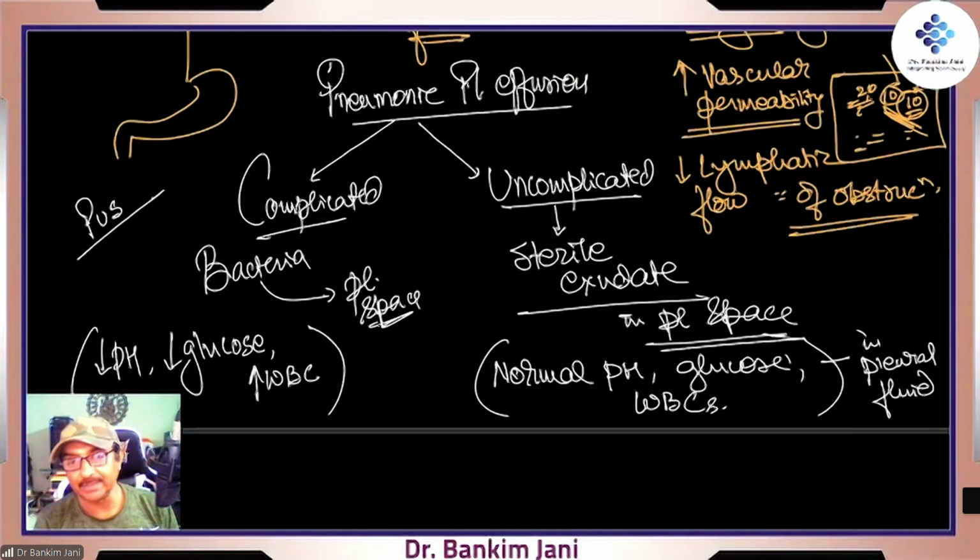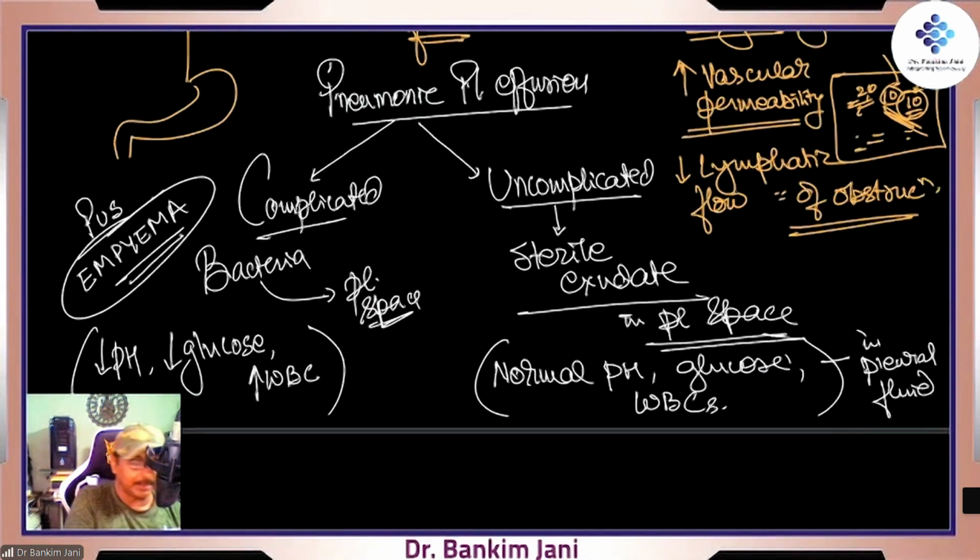When we say there is pus, that pus is the accumulated dead bacteria, broken WBCs, all that colloidal material. The medical name is empyema. So when there is pus in the pleural fluid, it's called empyema.